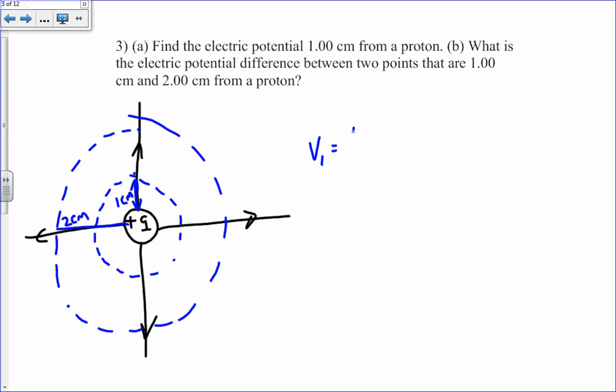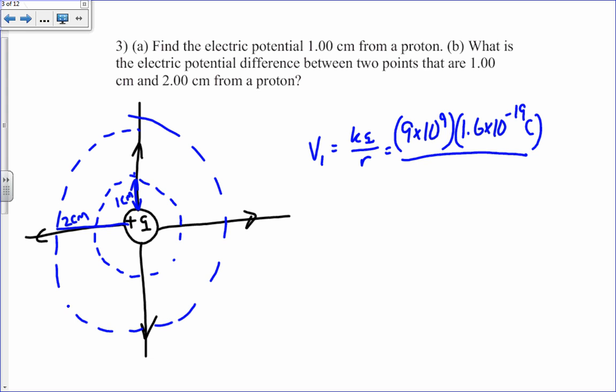Well, V at 1 centimeter is just kq over r. So this will be 9 times 10 to the 9th, times Q, which for a proton is 1.6 times 10 to the minus 19, divided by r, which is 0.01 meters. And then I find that the potential at 1 centimeter is 1.44 times 10 to the minus 7 volts.